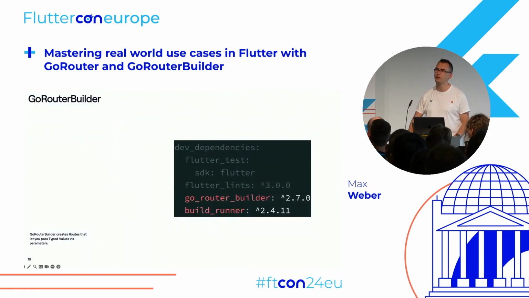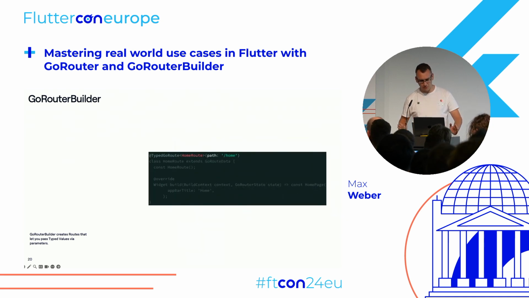So for that, we come the first time to our GoRouterBuilder. Well, it's a package, it's a dev dependency, it's going with the build runner at the end, and what you can see is something like this. So we have now annotations. And the cool thing about that is we save, first of all, a lot of code because we don't have to write GoRoute and create nested routes and stuff. We can define that in this annotation here.